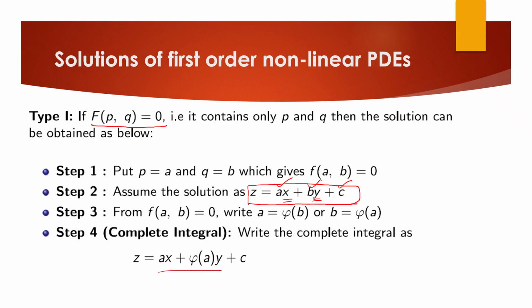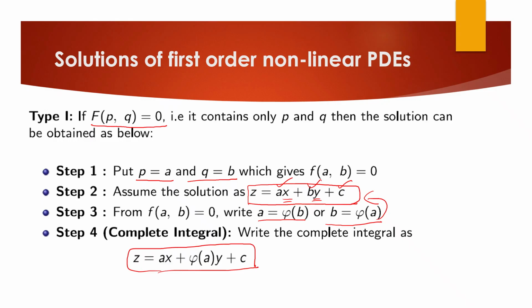So our objective is to reduce one constant in this solution so that we get a complete solution in this form. So we replace p as a and q as b in the given equation, and then we write a as a function of b or b as a function of a, and substituting this in the assumed solution, we get our complete solution in this form.